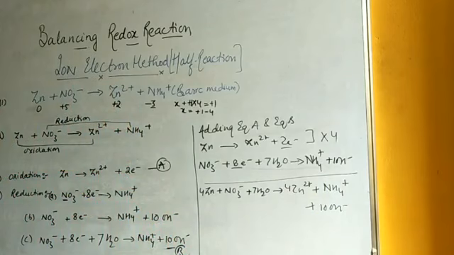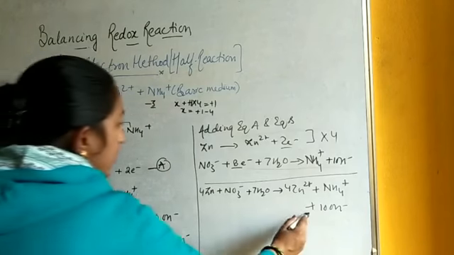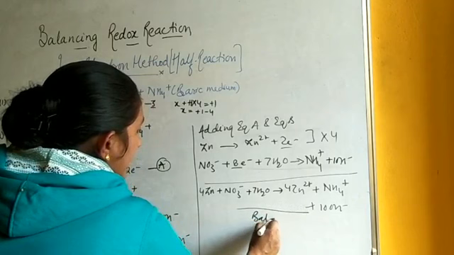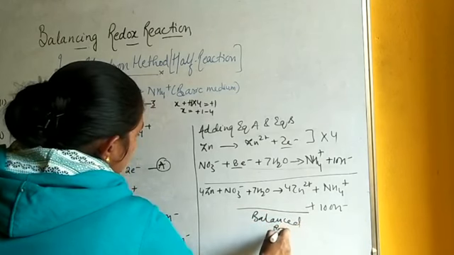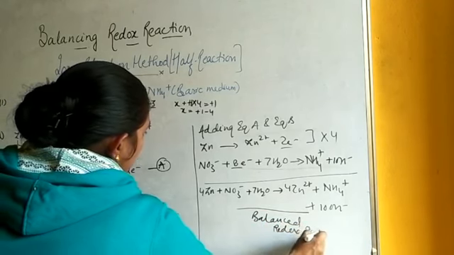Hope this is clear that we are getting here 4Zn plus NO3 negative plus 7H2O gives 4Zn2 positive, NH4 positive and 10 OH negative. So at the end you will write it to be a balanced redox reaction, right?